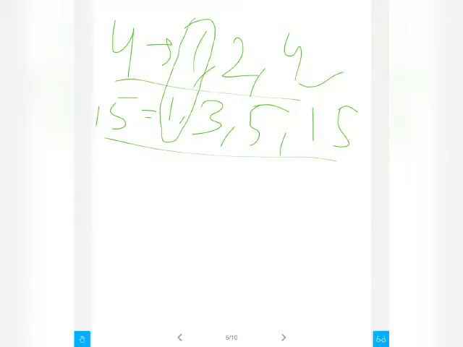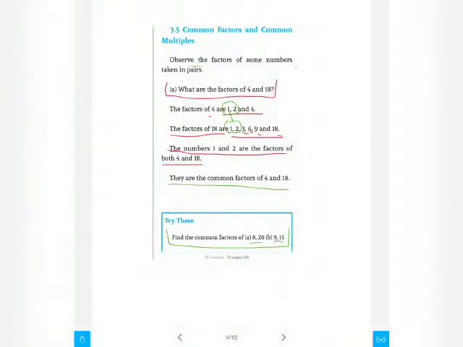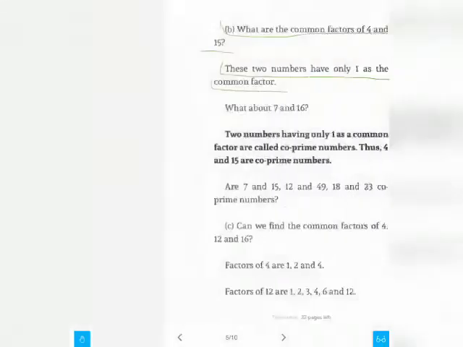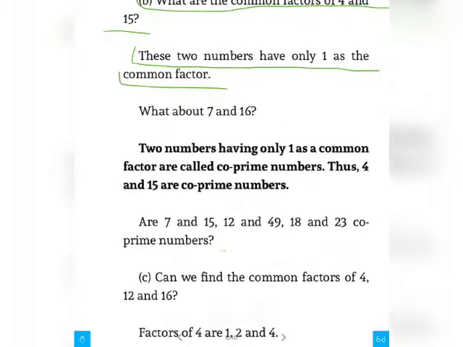It means if two or more than two numbers have only 1 as their common factor, they will be called co-prime numbers.